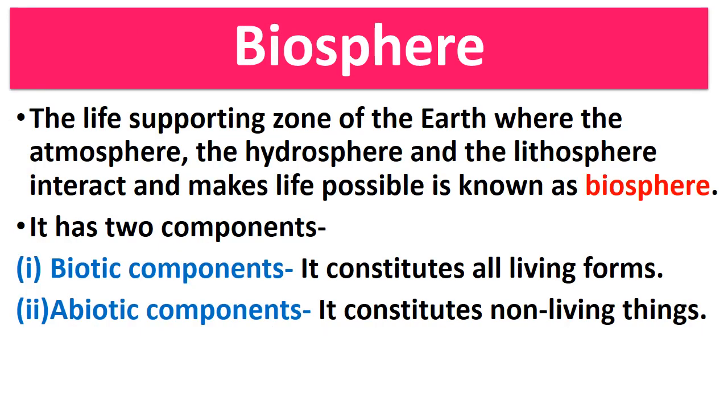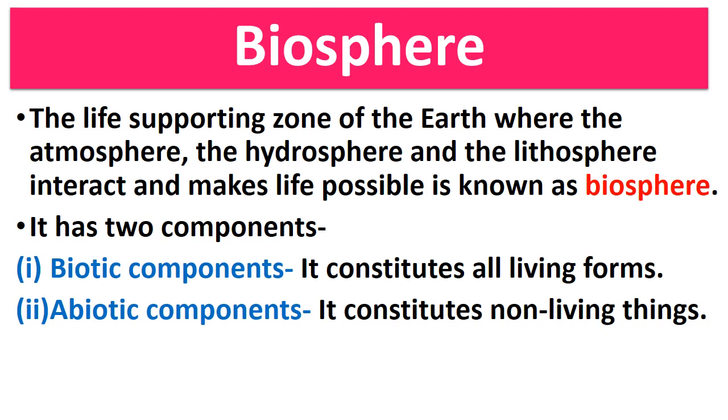Now, what is biosphere? It is the life supporting zone of the earth where atmosphere, hydrosphere and lithosphere interact and make life possible. Okay, the interaction of these three spheres is called biosphere.